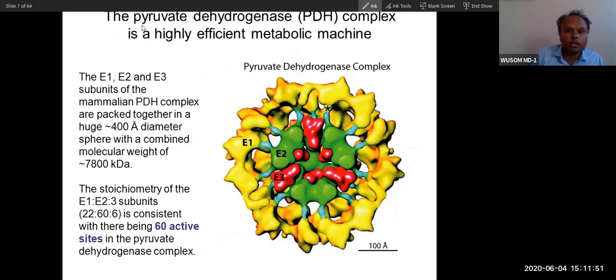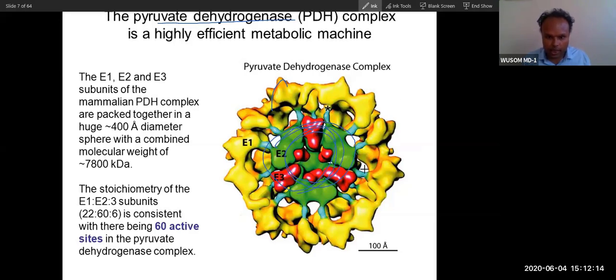Now this is the pyruvate dehydrogenase complex. I told you to remember it like the sun. This is the structure, a nuclear magnetic resonance structure, the same principle you use to do MRI. You can call it an MRI picture of the molecule.